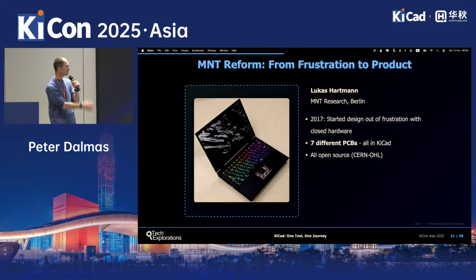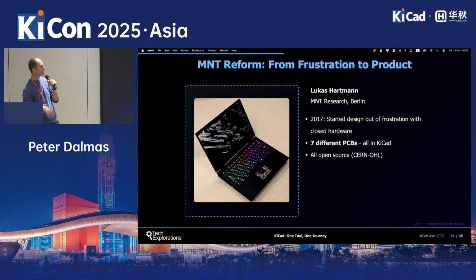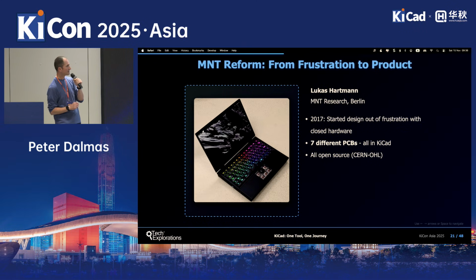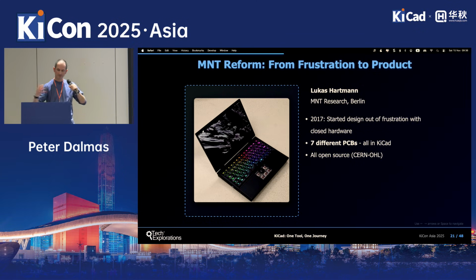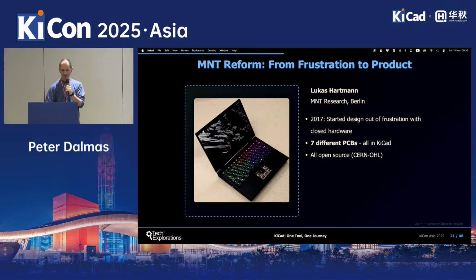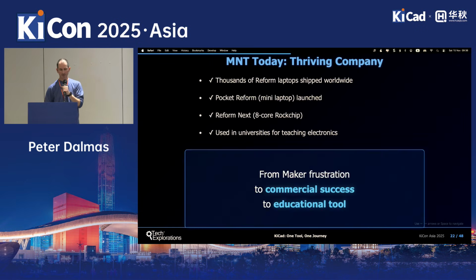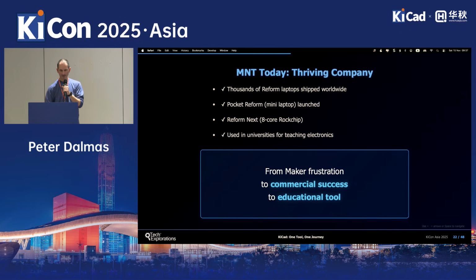He built this laptop composed of a bunch of different PCBs, everything in KiCad, and published the project on, I believe, CERN OHL, which is a library where CERN provides a collection of projects, and that's where the MNT Reform laptop has been uploaded. So you can build your own if you want, or you can buy this laptop already manufactured. A few thousand copies have been made and sold. So it's used by engineers. Anyone who basically wants to go open source all the way can have a Reform laptop, another KiCad project.